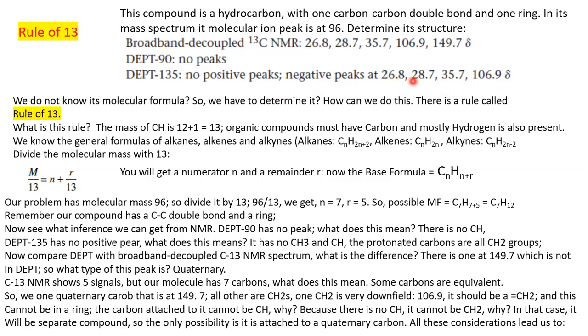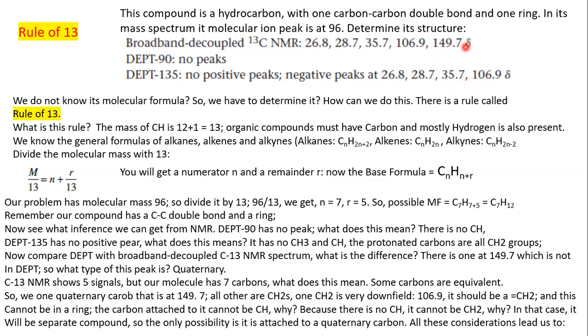Okay, if we compare these with the normal C13 spectral peaks, what's the difference? Which peak is absent here? Yes, this one, 149.7. This peak has not appeared in the DEPT. So which carbon does not appear in DEPT?